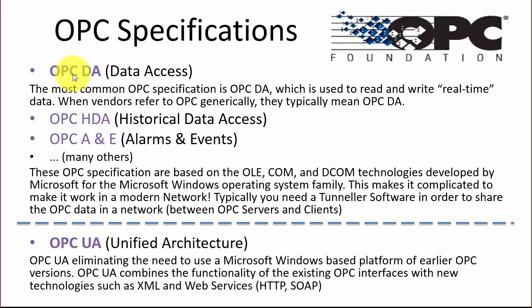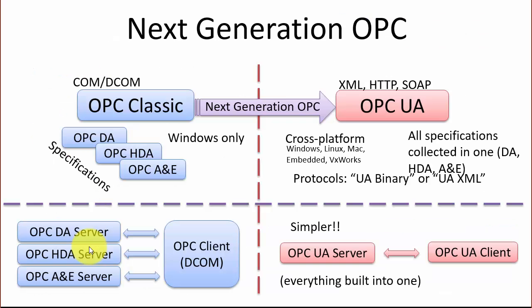So here we see these specifications. And those three are the most common in classic OPC, and then we have this new OPC Unified Architecture. With this classic OPC, we have this problem with the COM and DCOM communication. If we have multiple clients and servers in a network, there is a problem sending data between them.